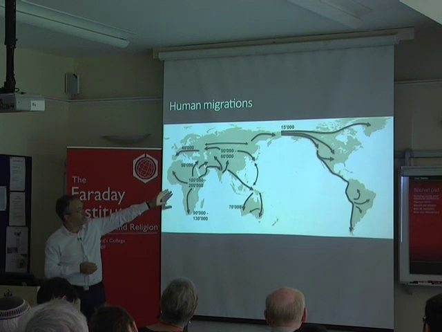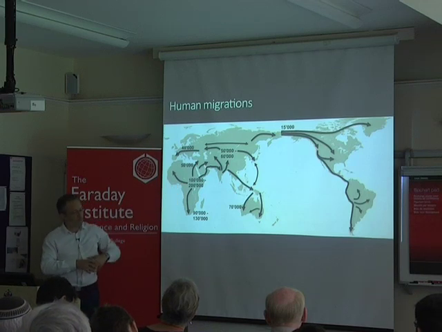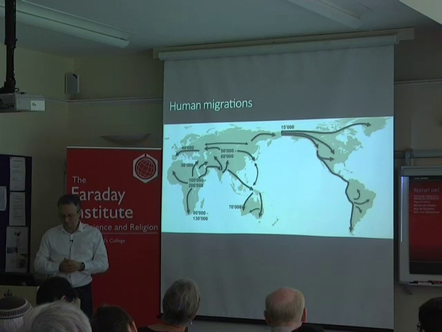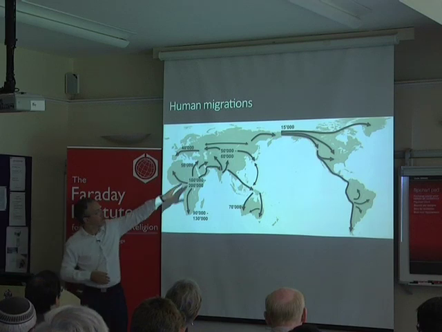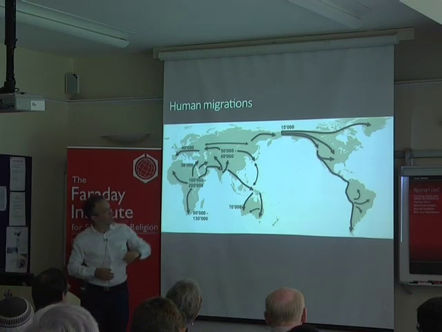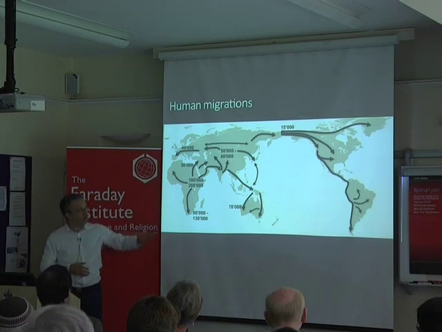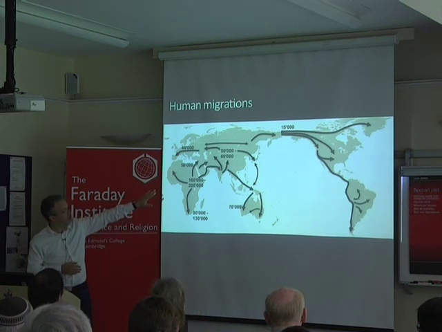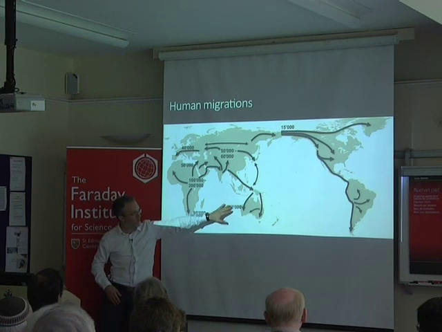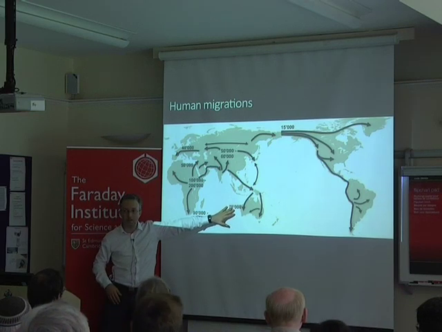Then 50,000 years ago, the dramatic events of the out of Africa. It's very well known in the archaeological records. Two possible routes, still disputed. Then colonization of the rest of the world. It's even possible that we have found remains at 70,000 years ago in Australia.